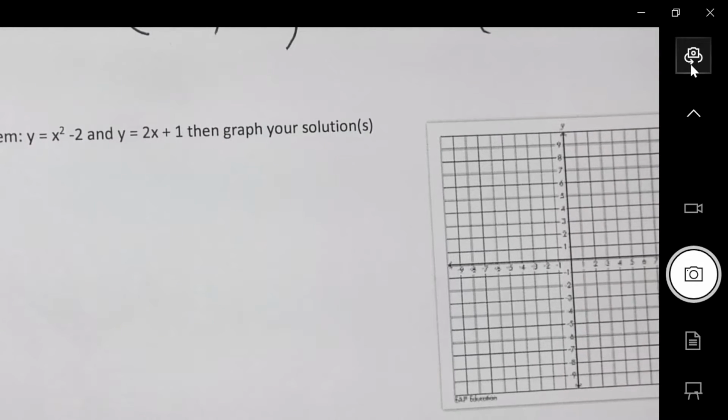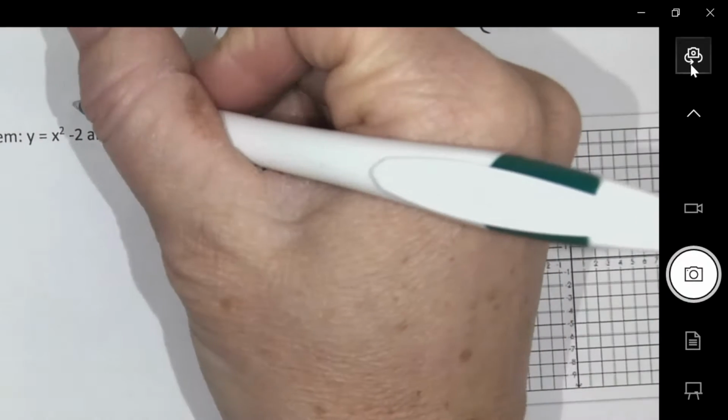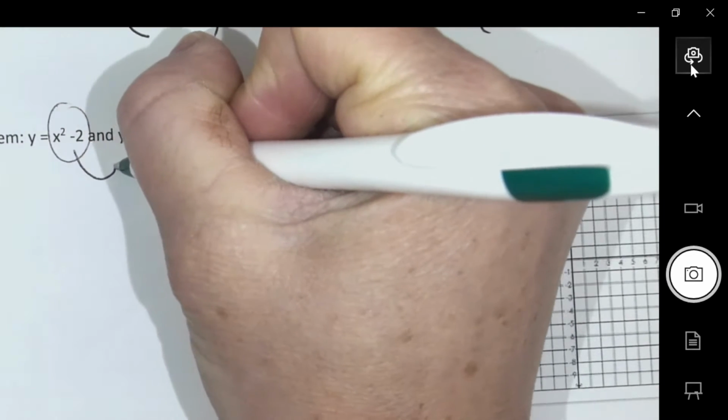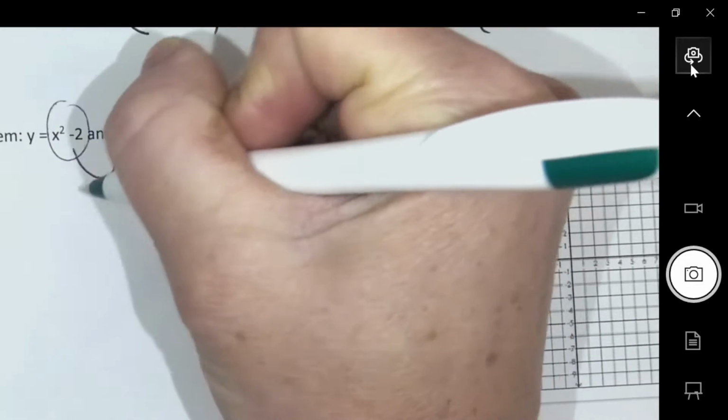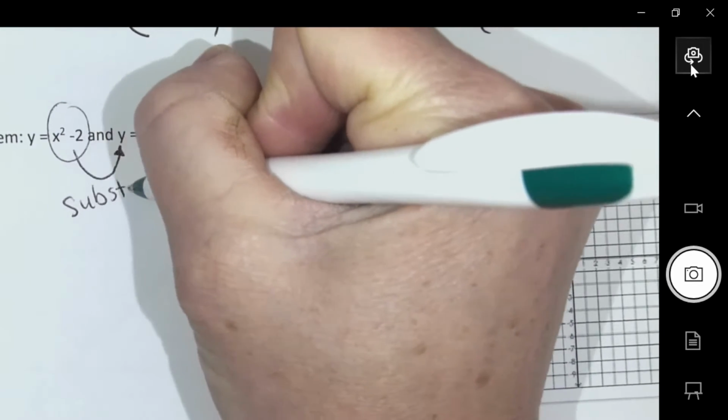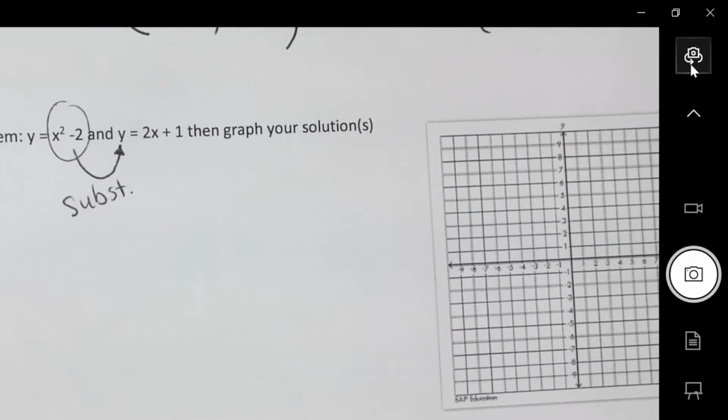I feel like this one would be easier with substitution. I'm going to substitute. So y equals that and y equals that. I'm going to replace the y into the other equation. Does that make sense?